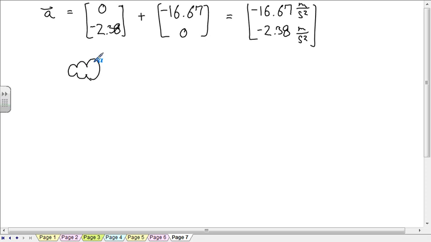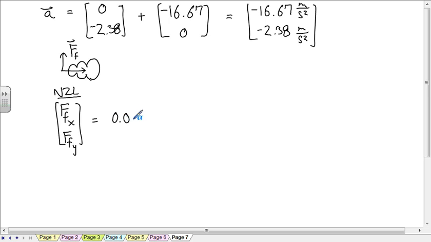We still have the weight going in, the normal force coming out, and then we still just have this horizontal friction force. And that's the only force in our coordinate system. So Newton's second law says F_f, x and y components, is equal to the mass of the ant, 0.001, times negative 16.67, negative 2.38.